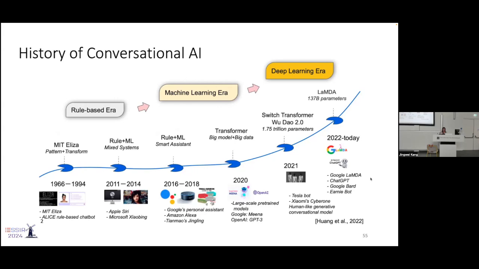And from 2022 to now, we see state-of-the-art products like ChatGPT, Google Bard, and ErnieBot based on these large language models, which usually contain around hundreds of billions of parameters.